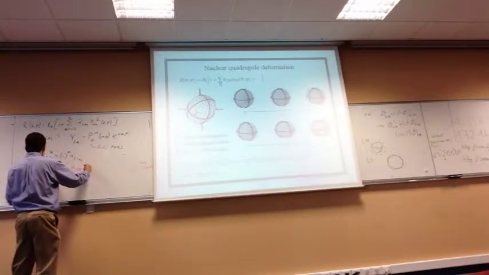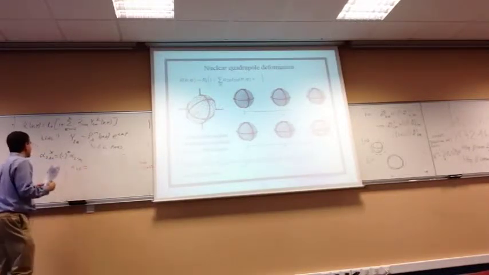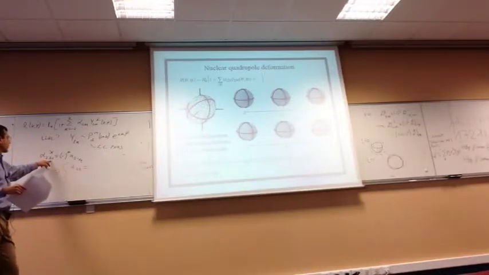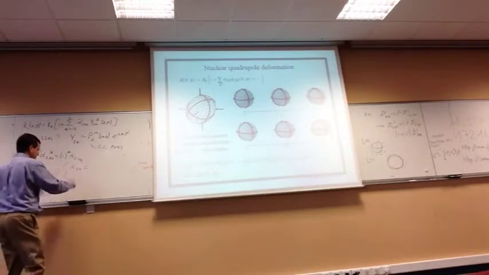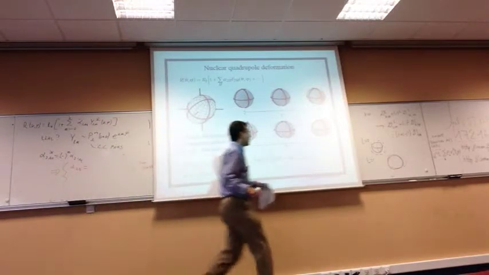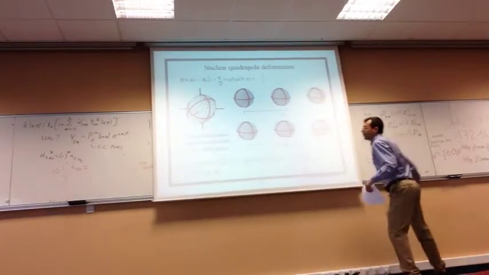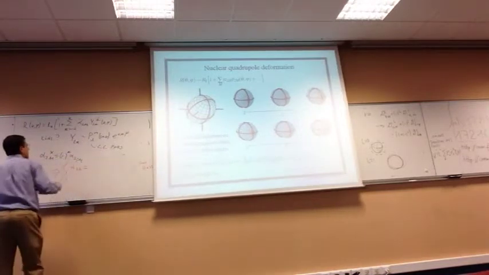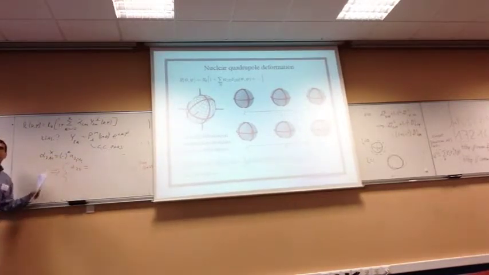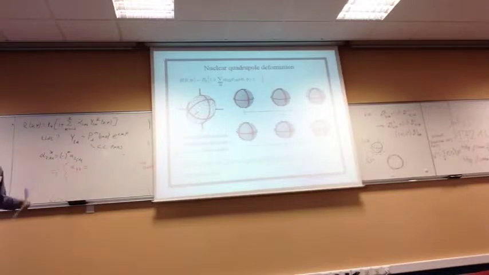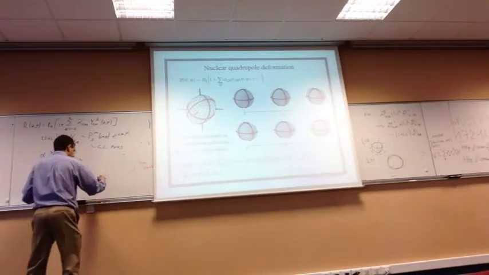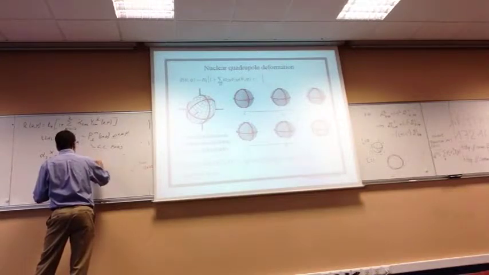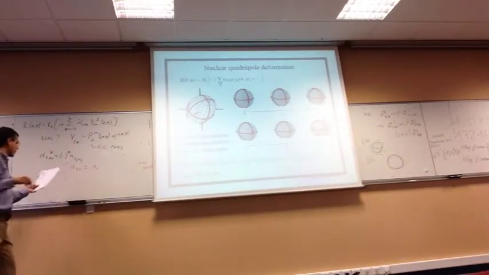The condition that the mu equals 0 component be equal to its own complex conjugate means that it is real. So we can just write it as a single real number.